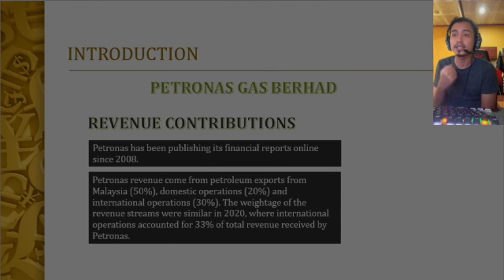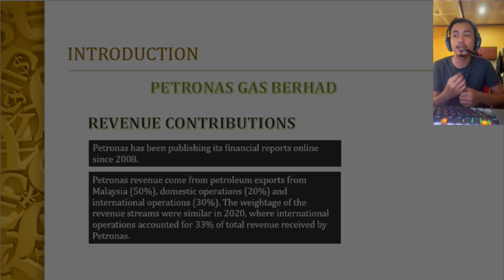The revenue contributions for Petronas: Petronas has been publishing its financial reports online since 2008. Petronas revenue comes from petroleum export from Malaysia 50%, domestic operation 20%, and international operation 30%.